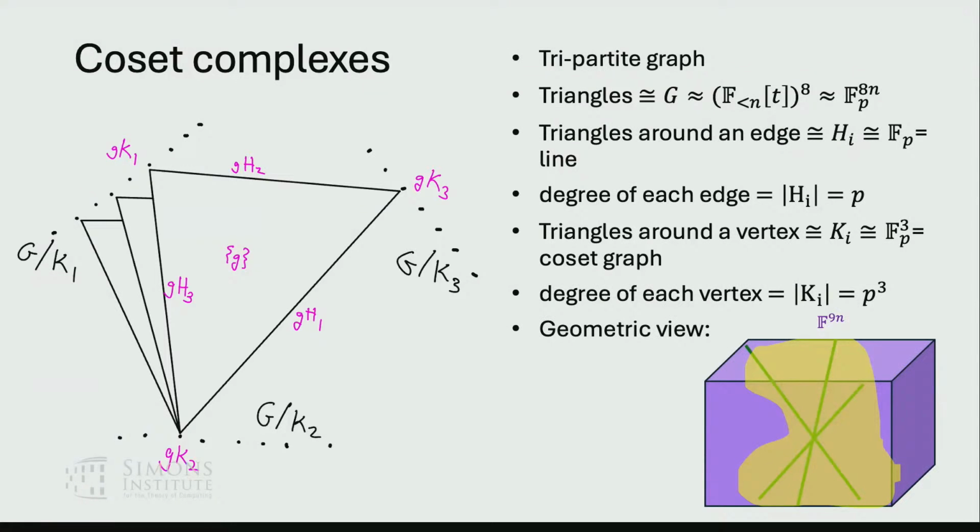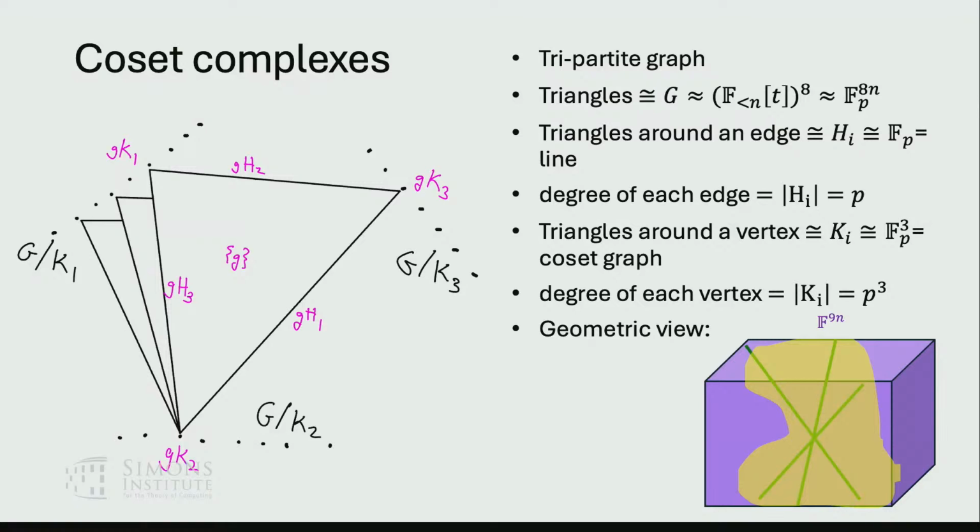Okay. So there is this geometric view where the purple box is F^(9n). This yellow blob is supposed to be all the points that come from matrices with determinant 1. And I don't know if you see, there are these green lines. So these are affine lines in this space that happen to be contained in this variety. And notice that every triangle has 3 edges, right?